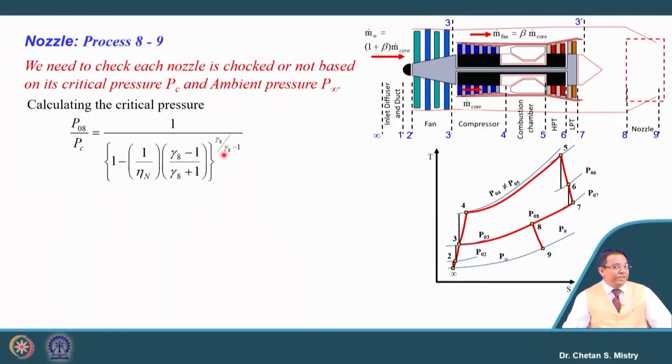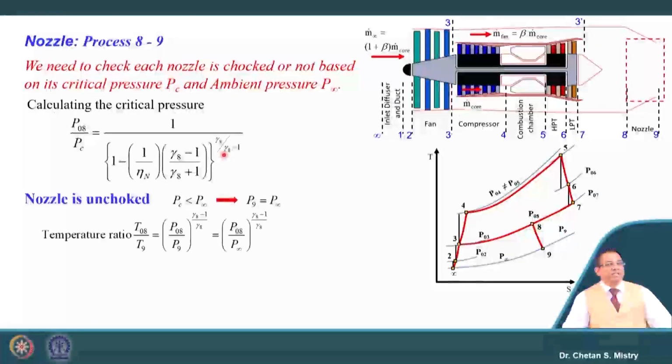Be careful when we are discussing the mixed flow configuration; we need to be very careful in the calculation here. We have two cases: whether my nozzle is choked or unchoked, based on our critical pressure configuration. This is known to you. When the critical pressure is less than my atmospheric pressure, then my exit pressure will be atmospheric pressure.